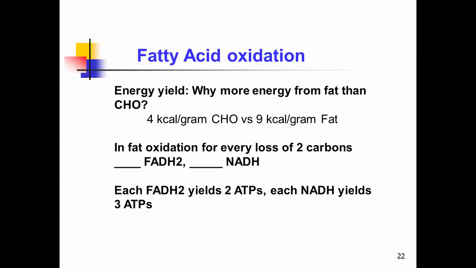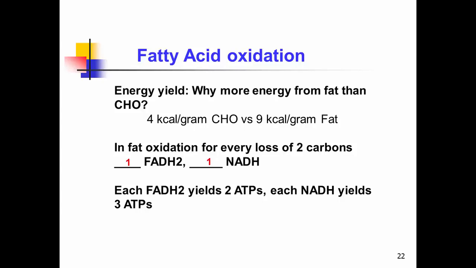So in fat oxidation, I just talked about, every removal of 2 carbons as acetyl-CoA is one cycle, right, and produces 1 FADH2 and 1 NADH.